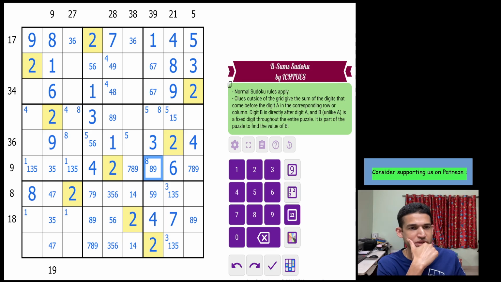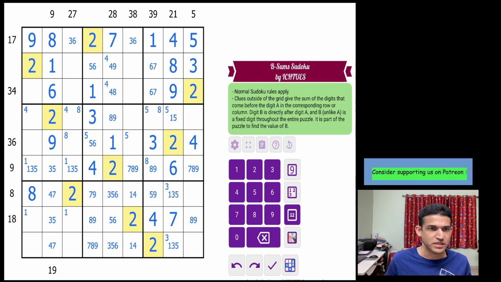So what clues do we have at our disposal here? I think almost everything is done except perhaps the 18 clue outside row 8 and maybe the 27 clue outside column 3.